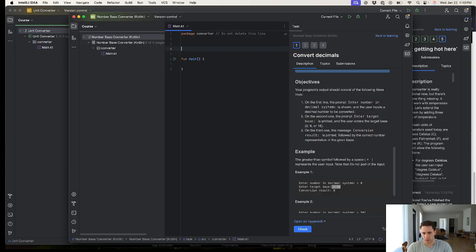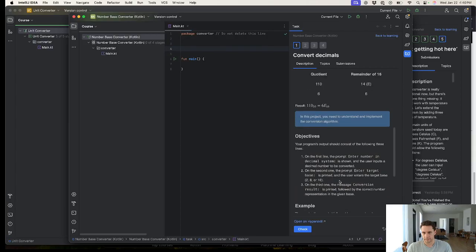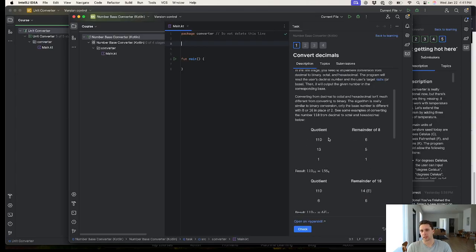Okay. I've done this binary before, and the way I did it, I actually liked it. What's the max input? Does it say?